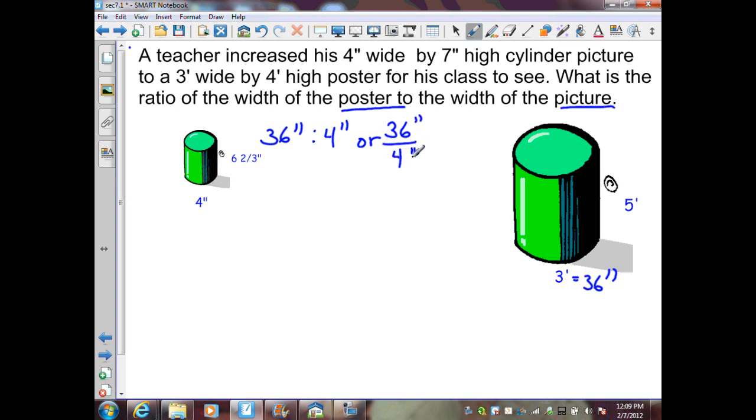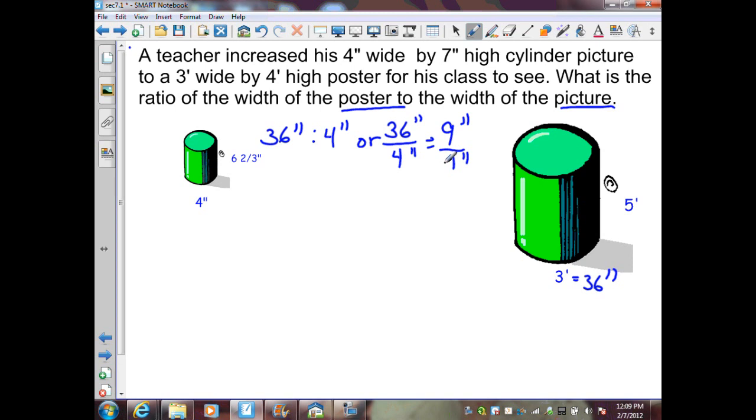And I also could write this just as 36 inches to 4 inches. And that's how they're all read. Then I want to simplify that ratio. And when I simplify it, it will be 9 inches compared to 1 inch. So my ratio for the width of the poster to the picture is 9 to 1.